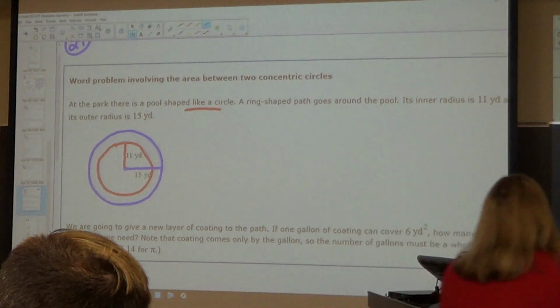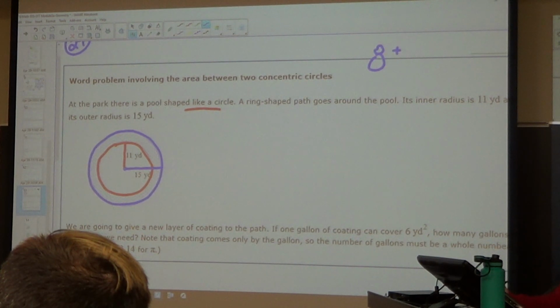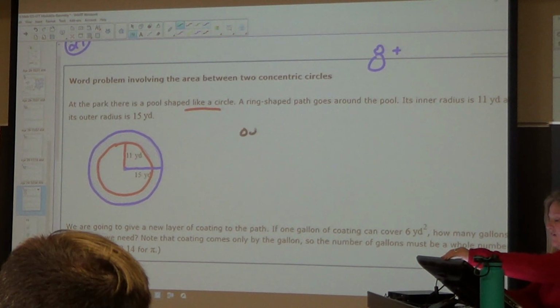We're not going to add them, because if we added them, we would be making like a snowman. That would be adding the two circles. We're subtracting the two circles. So we're going to do just like we did a minute ago with the rectangle and the triangle. We're going to take the outside circle minus the inside circle.